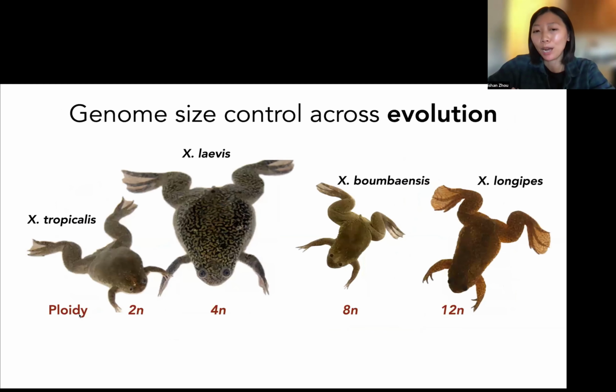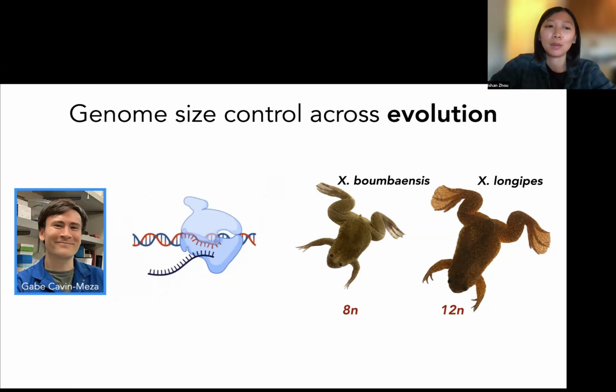And what we're really pumped about is that now we're just starting to expand our arsenal of different frogs in the lab to include these other two species that have really huge genomes. So there's a dodecaploid here, and also an octoploid over here. And so we're really curious, and I'm working with Gabe in the lab on this, to assemble their transcriptomes as well as their genomes.